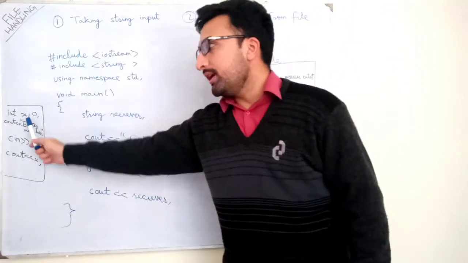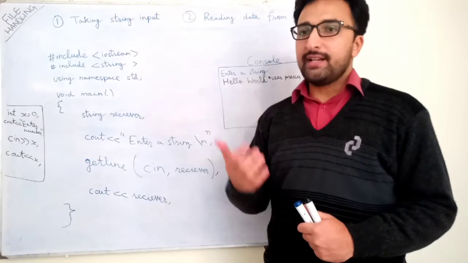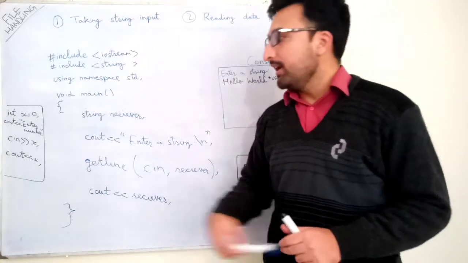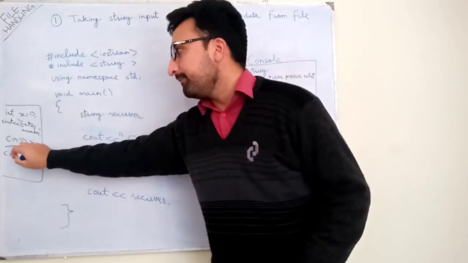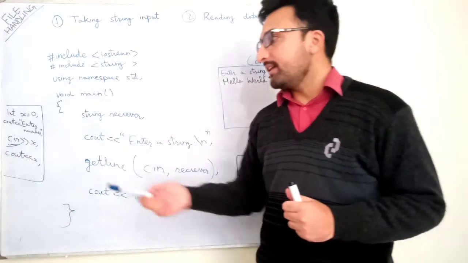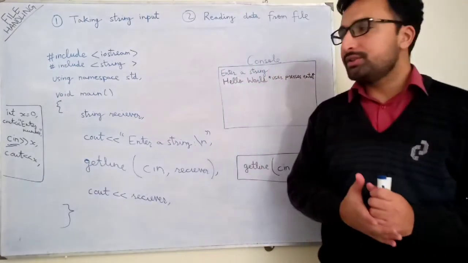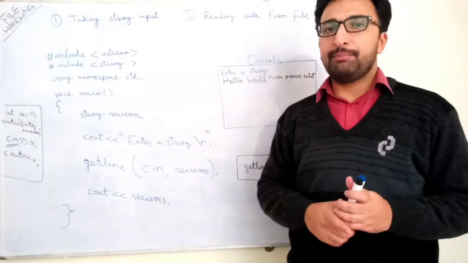The purpose of already defining a variable was that whatever data the user inputs can be stored somewhere at the back end. So we take input in that variable through cin, and if we want to display the value stored in that variable, we just use cout x. That was basically for when the data was of type integer.